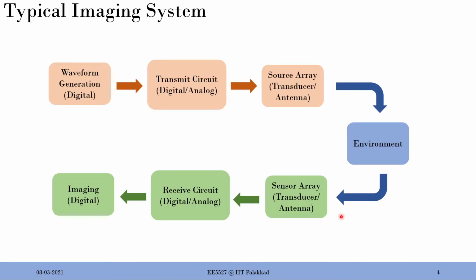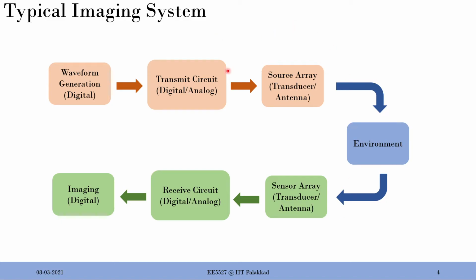Now let's talk about the system, because we are all engineers and we would like to treat everything in terms of a system, right? What you're seeing over here is very, very interesting, because this remains similar in many different types of imaging modalities. It doesn't matter whether it is an ultrasound system or an MR system or a camera or a radar system like we saw previously, the signal processing chain, the electronics engineering chain, remains the same.